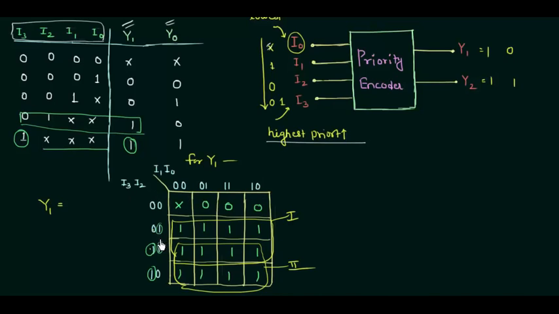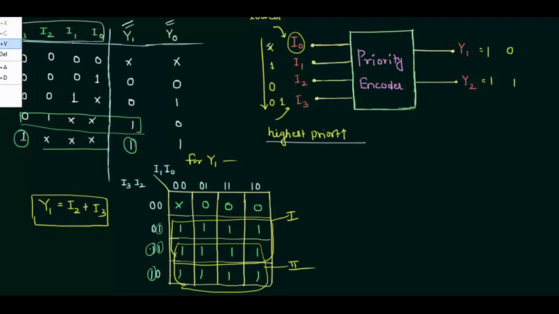The only thing that's not changing is I2. So I will write I2 for the first group. For the second group, in the same way, I3 is not changing, it's 1, whereas all the three I2, I1 and I0 are changing from 0 to 1. So I will write I3. So this is our first function, Y1, we have just found out.